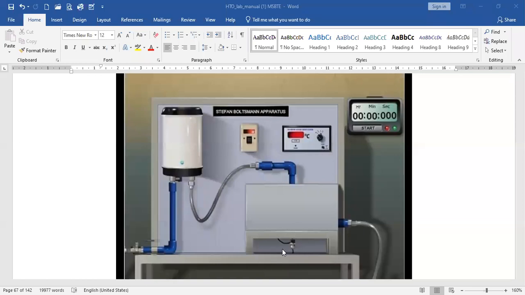We have to check the temperature of this black plate, because it is going to absorb the heat radiation from the heated water indirectly, and we have to check this temperature.